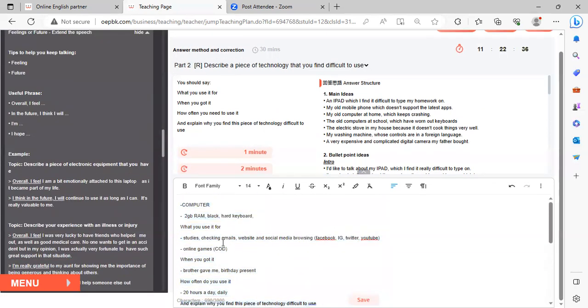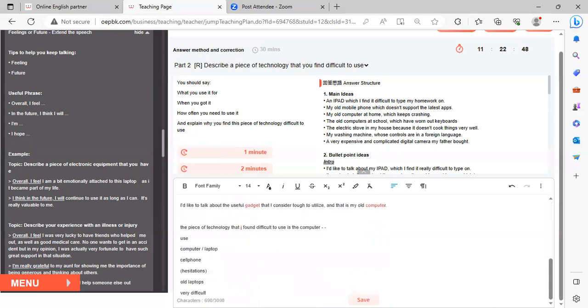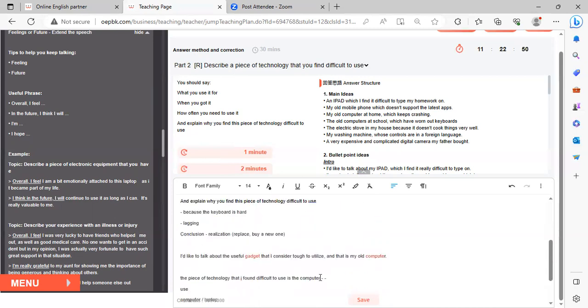But of course, since these are just keywords, I'd like you to remember that you need to be well aware of your grammar, your pronunciation. What else? Grammar, pronunciation. Make use of the cohesive devices or linking words in your answers.